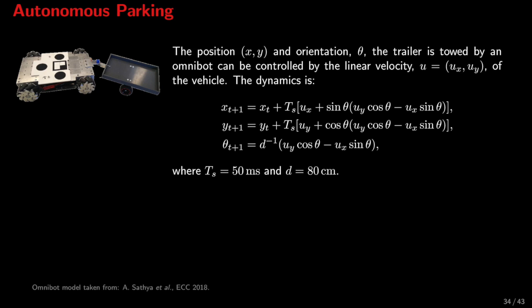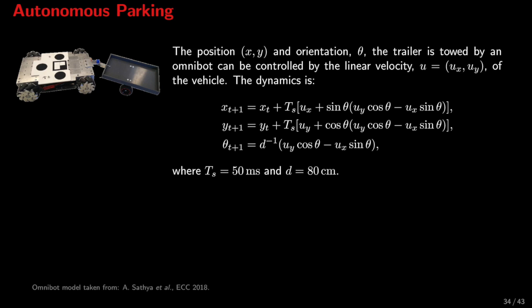The system is controlled by velocity references, so there is a certain low-level controller that receives velocity references and sends out certain signals, voltages, to the motors to realize these velocities.